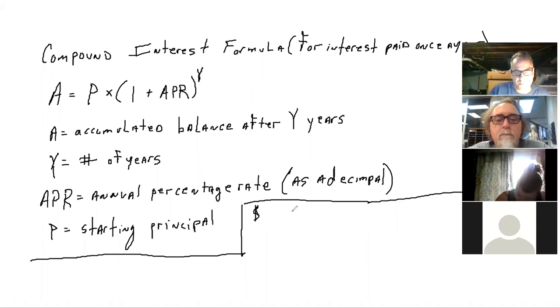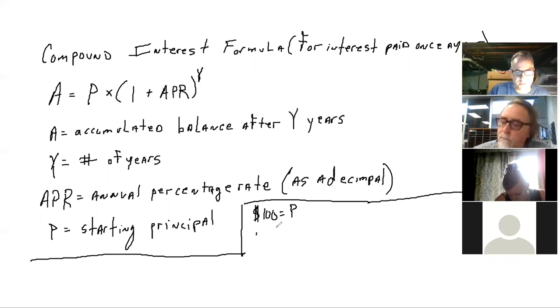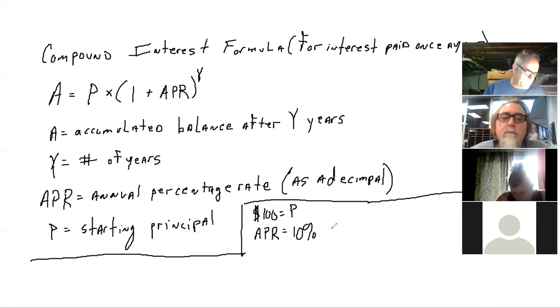That's going to be my P, my principal. And let's keep it crazy. Let's say I have an APR of 10%. And what I want to compare is, let's say we put it in one account over a 5-year period. So Y would be 5 years.